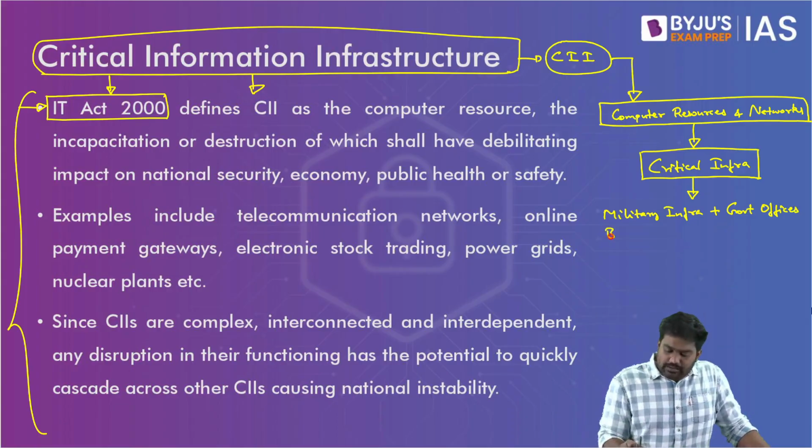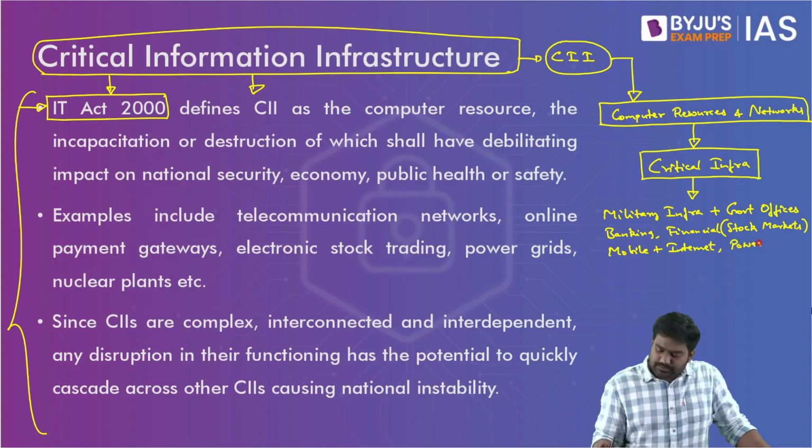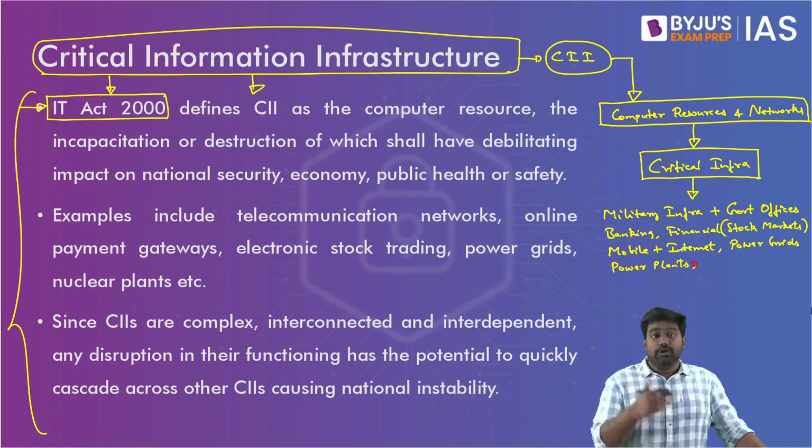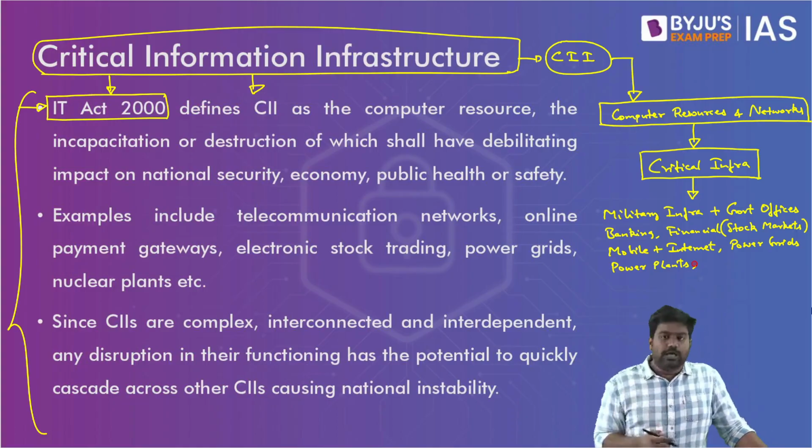Then your banking infrastructure, your whole financial system, including the stock markets, your mobile internet infrastructure, power grids, power plants, thermal power plants, nuclear power plants especially, and even solar and other power plants, which is critical for energy security.